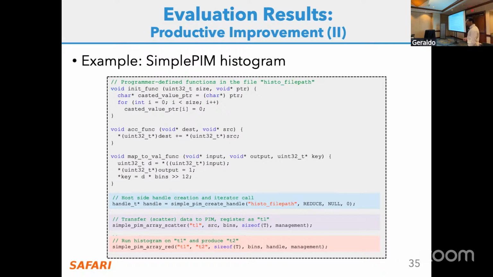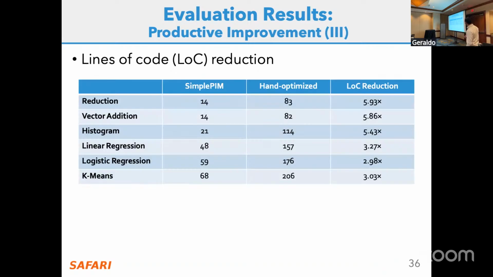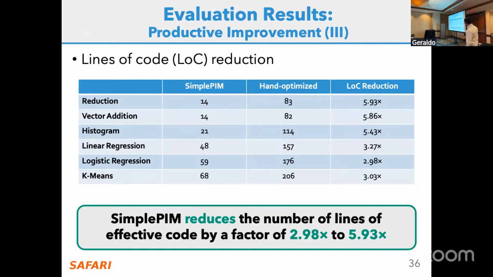So the code is much simpler, and you don't need to do all of those manual data transfers or scratchpad handling by yourself. By doing so, we can significantly reduce the number of lines of code that you need to write to implement those workloads.